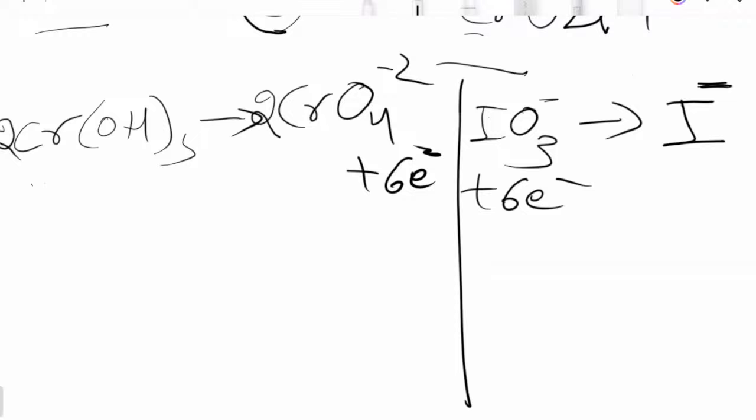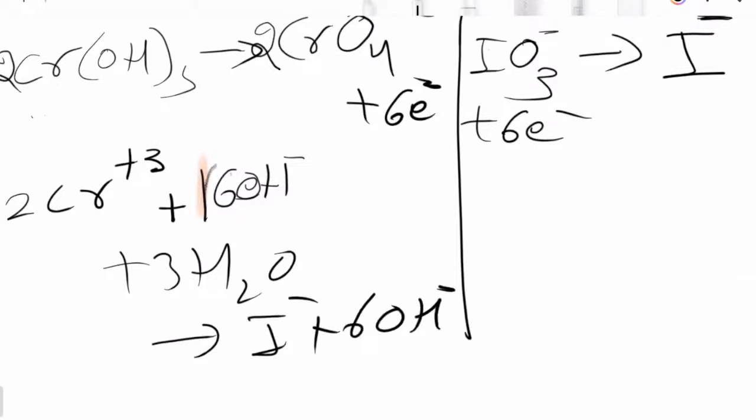For example, here we get 2Cr(OH)3 plus 16OH minus plus 3H2O, which gives rise to I minus plus 6OH minus.